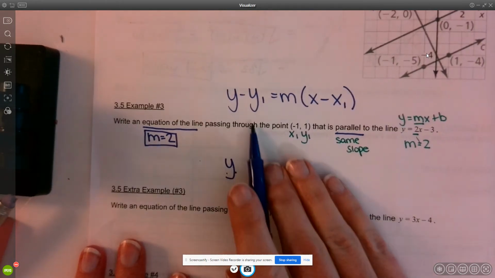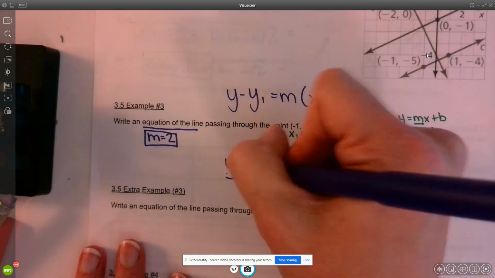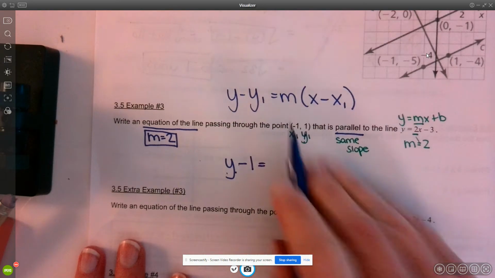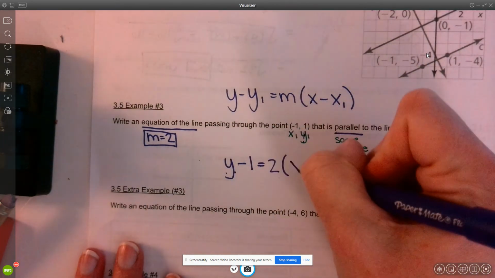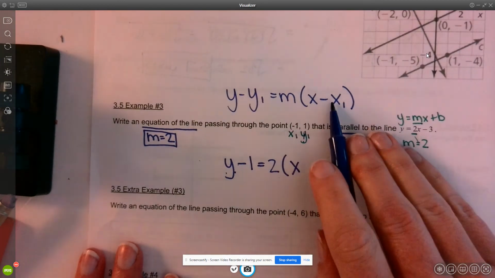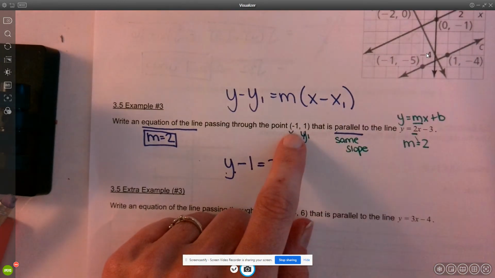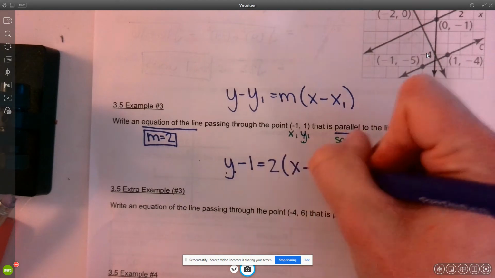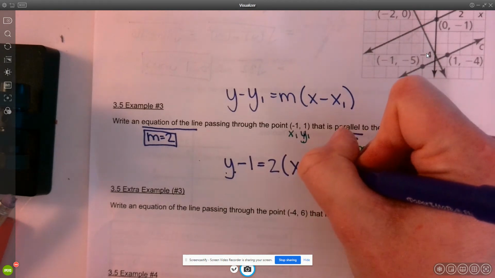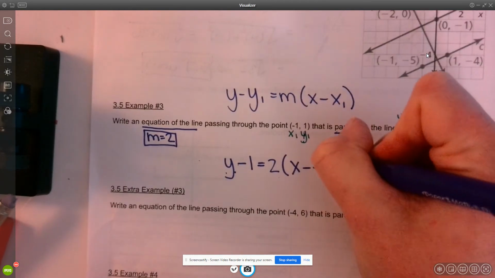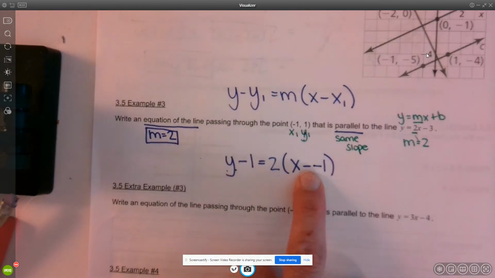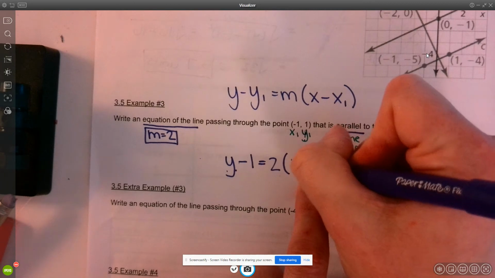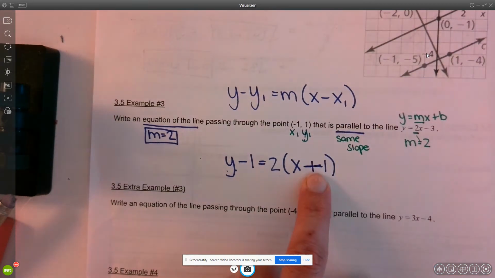So y minus y1, which is 1, equals m, which is 2, times the quantity x minus x1. So x minus -1. Now, we don't want to leave it like this, minus a negative. That's not very nice looking. So remember, we're going to turn that into a plus. This is our final answer.